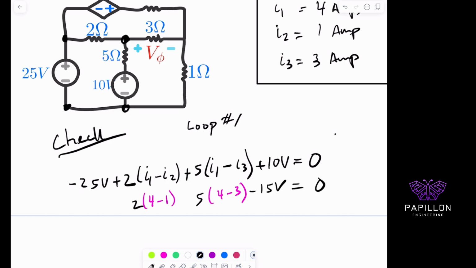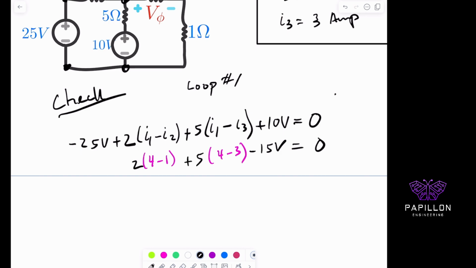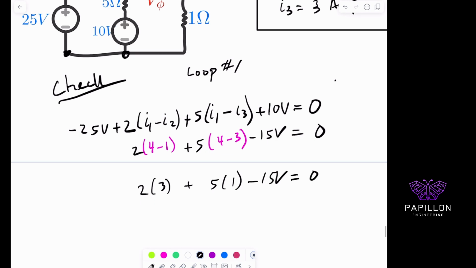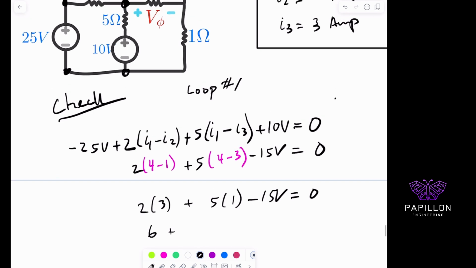I'm trying to condense this. So here's the problem. We get back 3 times 2 plus 5 times 1 minus 15 volts equals 0. So get back 6. Did I do an algebra mistake here?